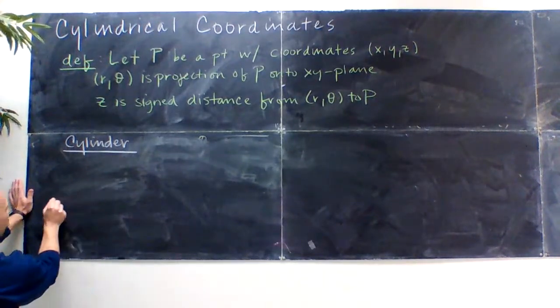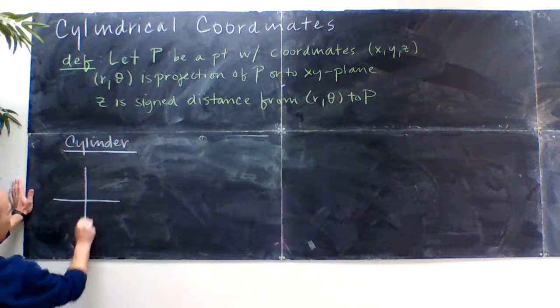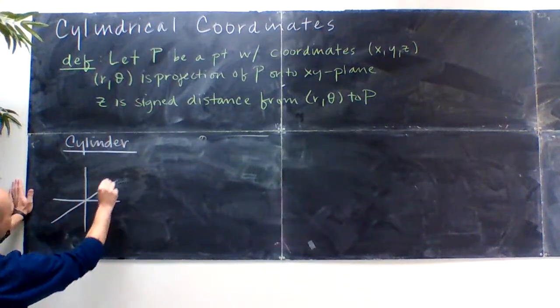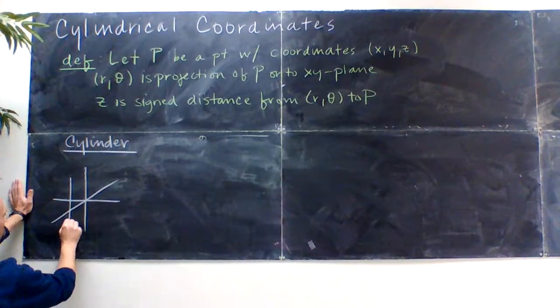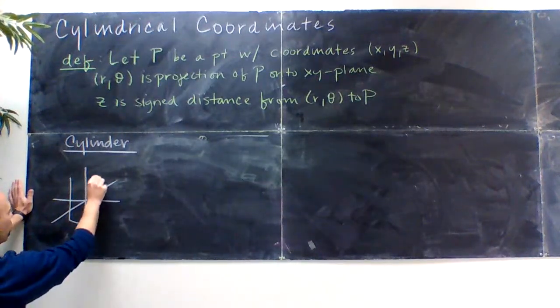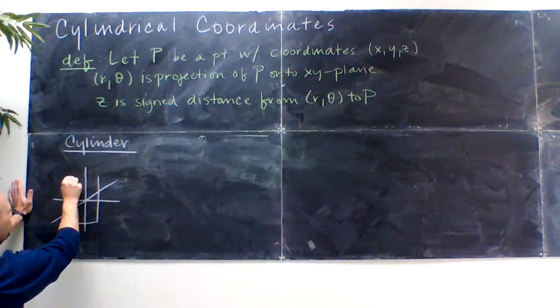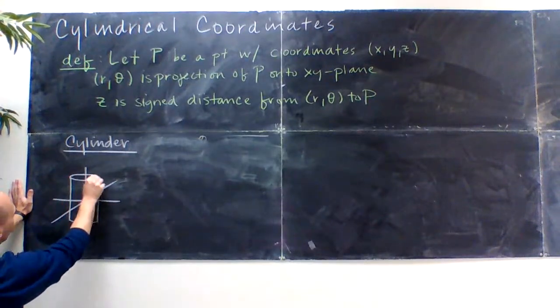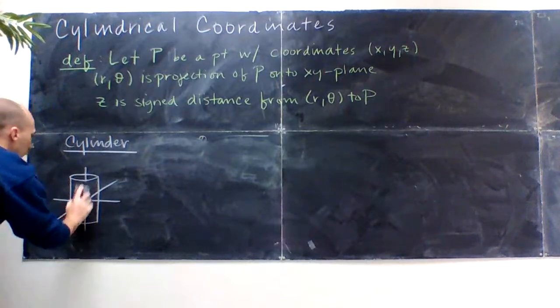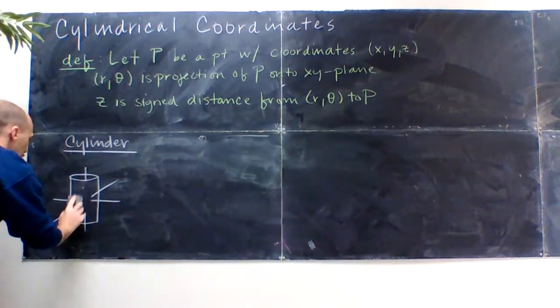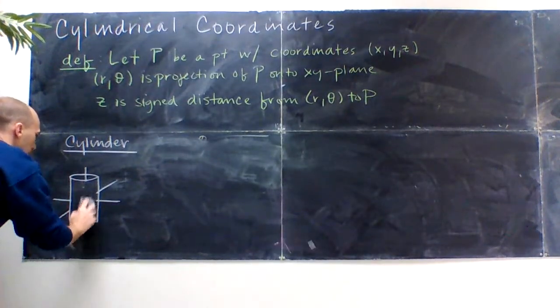Let's see, maybe I'll draw in my axes. And, okay, this is going to be a cylinder with some kind of radius. We'll be assuming that this is centered around the origin in some sense.